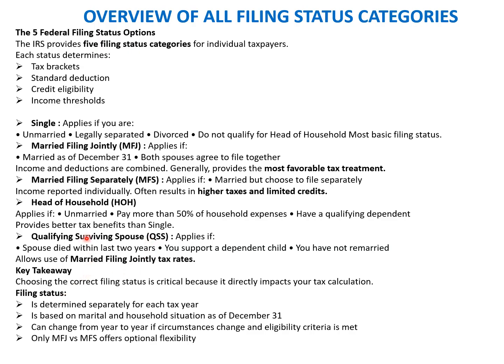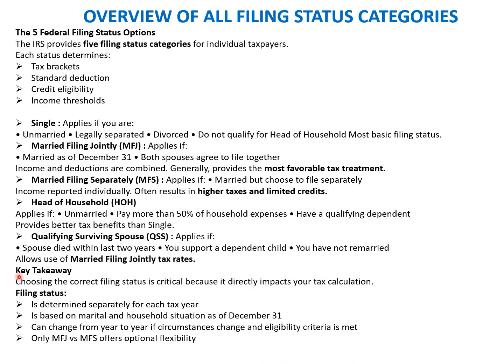And the last one is qualifying surviving spouse. It applies to an individual whose spouse died within the last 2 years, who has a dependent child to support, and who has not remarried. That person can file the return in the category of qualifying surviving spouse.